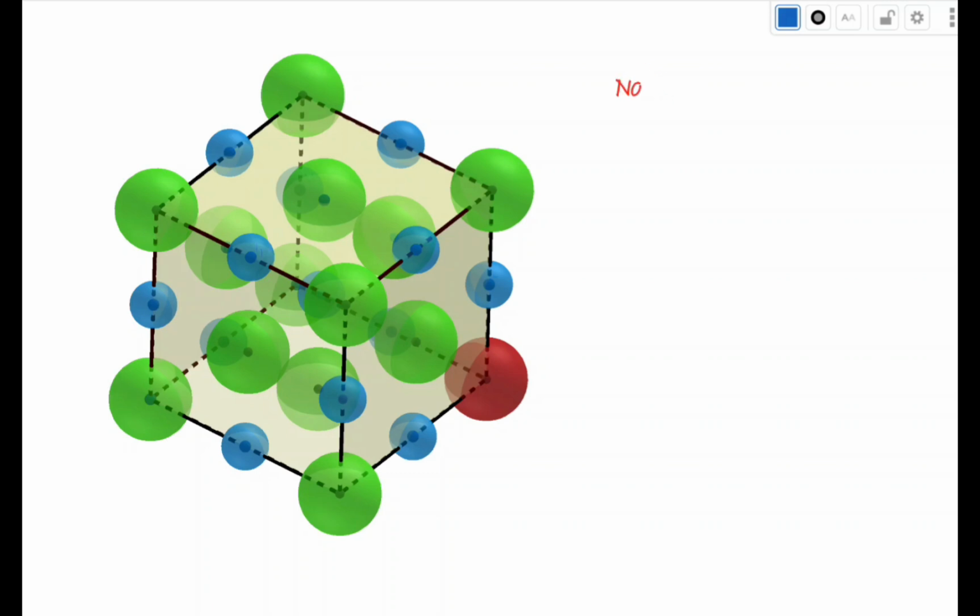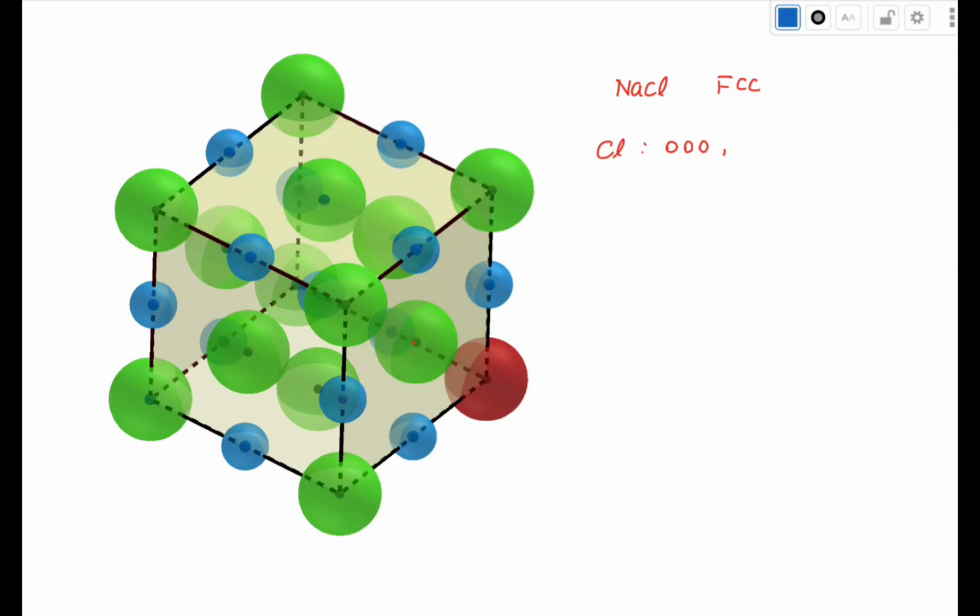Sodium chloride is an FCC structure with atom positions: chloride, this one here, at the origin, 0, 0, 0, and the other one, in the XZ plane, at half, 0, half.